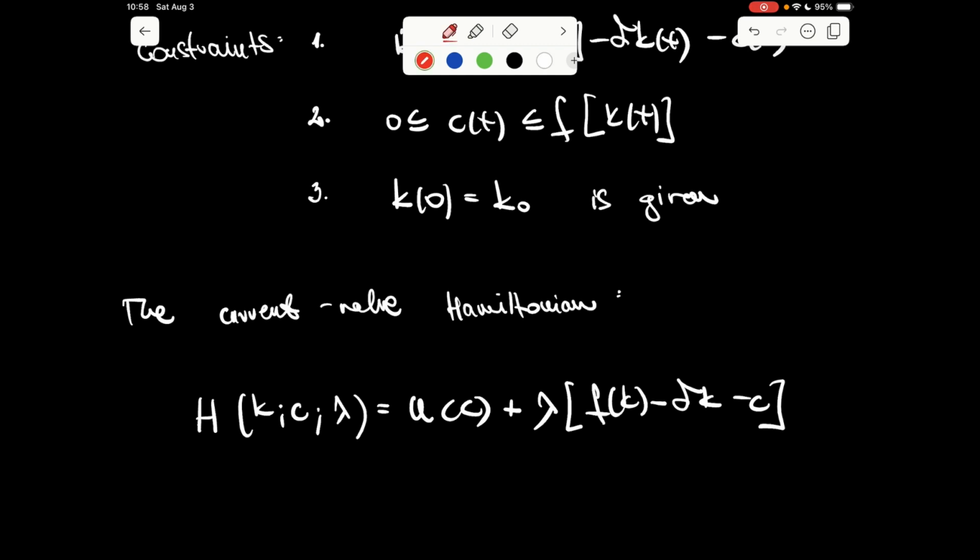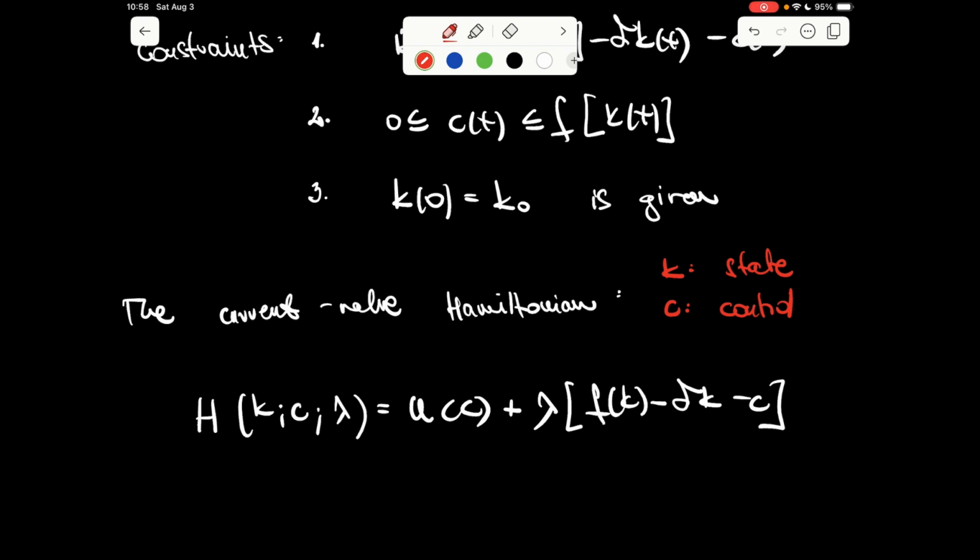So before identifying the Hamiltonian, we must specify that the capital stock is the state and consumption is the control variable. So on the basis of the capital stock, which is the state, the social planner chooses an optimal path for the control, which is consumption.